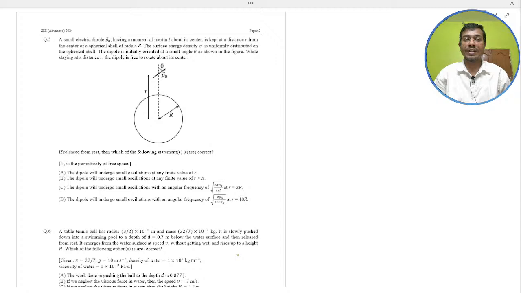The dipole is initially oriented at a small angle theta as shown in the figure, while staying at a distance r, the dipole is free to rotate about the center. If released from rest, which of the following statements is or are correct?